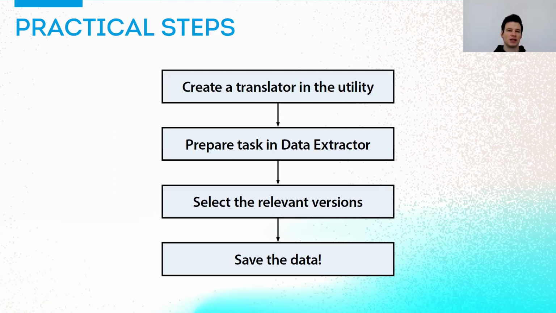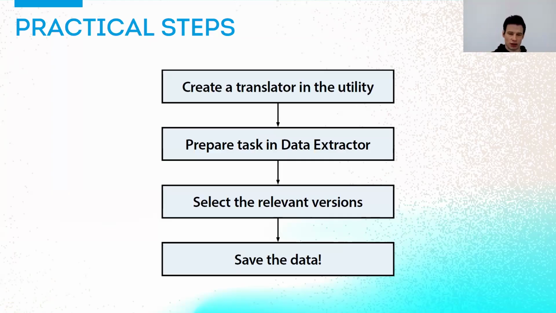But if you have deleted or formatted information in your case, you will need to do some additional steps. You will need to prepare the task in data extractor, ask our software to analyze not only the latest translator that you built, but to analyze its previous versions.